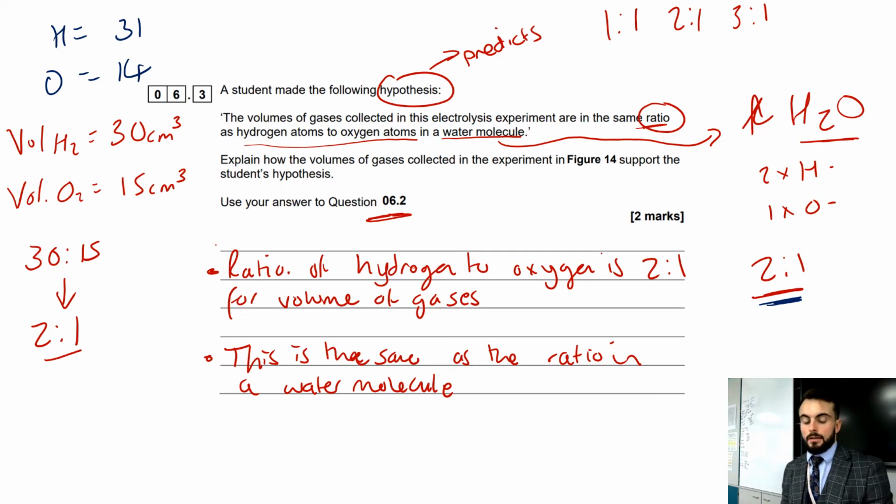You could say the ratio is not 2 to 1, so it is different to the ratio in a water molecule. So you can get away with getting those marks even if you did not measure the volume earlier on. You just say the ratio is not 2 to 1, so it's different to water molecule. That's another answer that you could have done, but this is the correct answer.